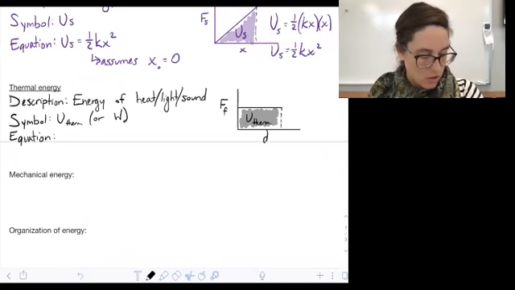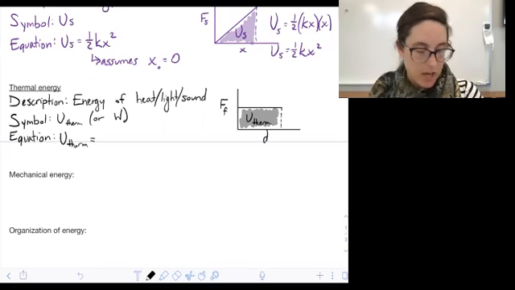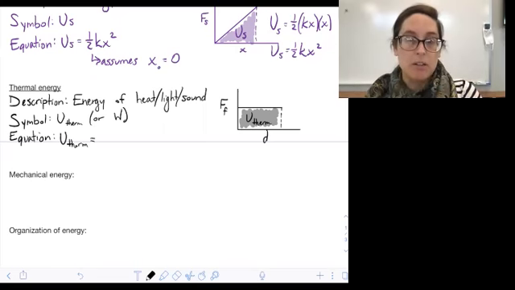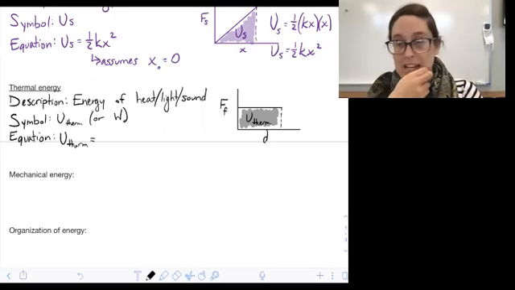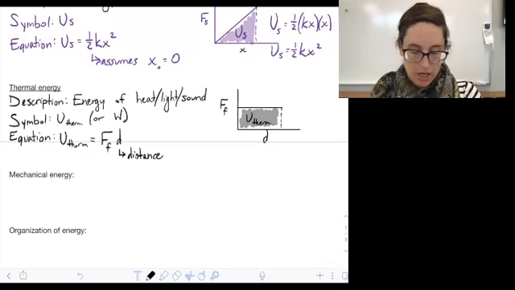And so since this is a rectangle, we can just do base times height, F_f times D. Now, the thing I would like for you to know is that D means distance. Okay, not displacement, it's the distance that you go. Mostly because this force of friction is a non-conservative force. We'll talk about what it means for things to be non-conservative forces in a future lecture.